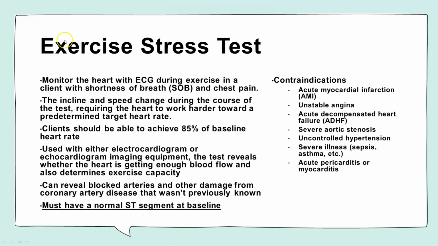What I want us to know is generally this is probably going to be something that's done on an outpatient schedule. I don't expect to send a whole lot of my clients who are admitted down for an exercise stress test. We can, and we've done it before, but it's just not something I would normally expect.